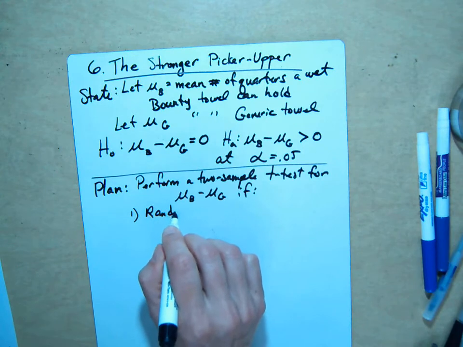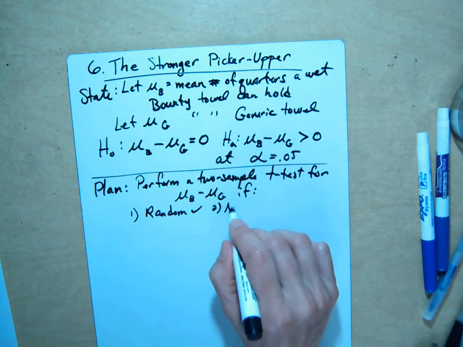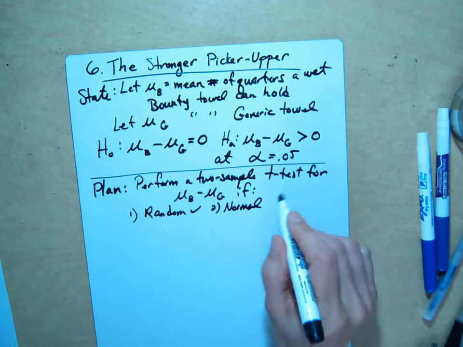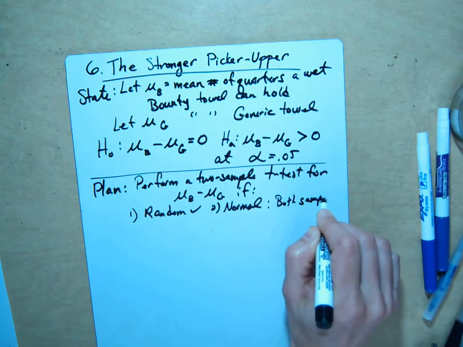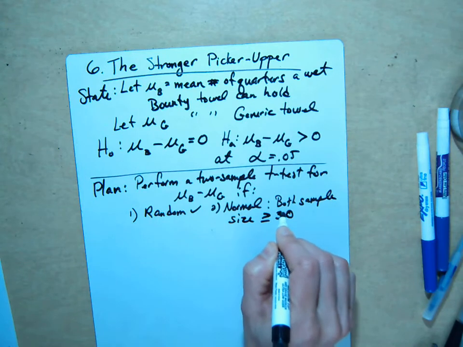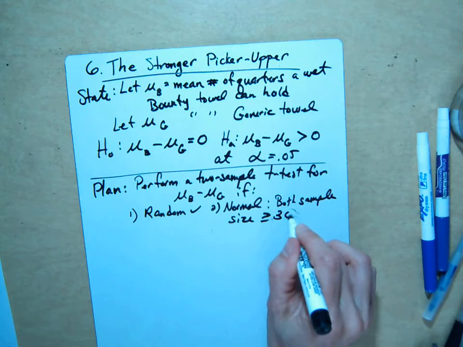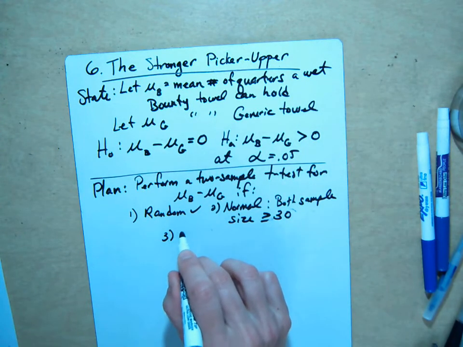So random, do not do this on a test. Normal, both sample sizes are greater than 30. I'll write that for this. Both sample sizes greater than 30, so we don't need to graph it. If it weren't, then we would, and we would need to show it. And 3, independent.